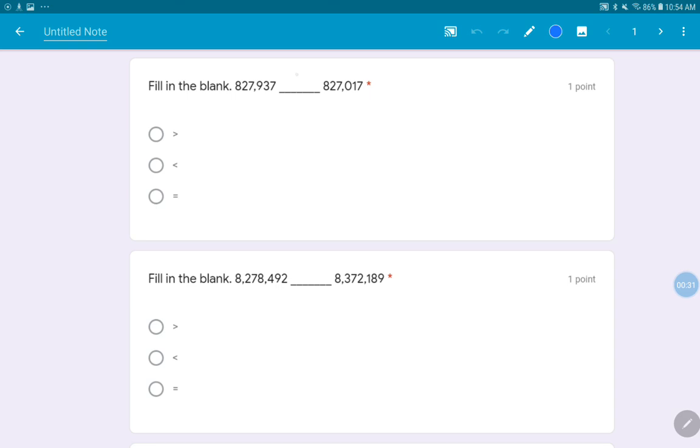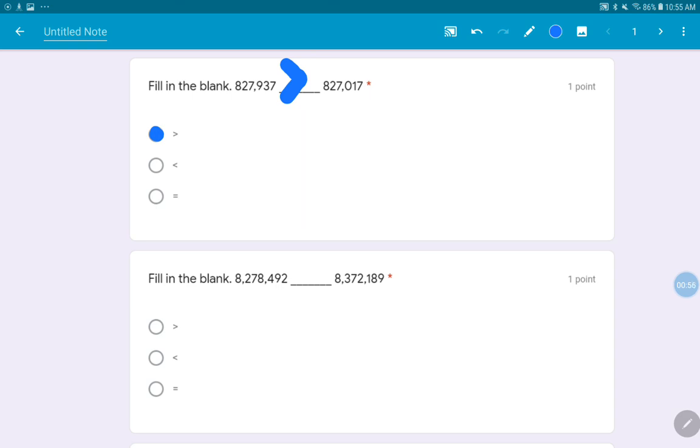Okay. How did you know that that one was greater? Because the hundreds and the tens. Yeah. Our hundred thousands, 10,000s, and thousands are all equal. So we had to go down to the hundreds place value, and we know 900 is more than 0 hundreds.